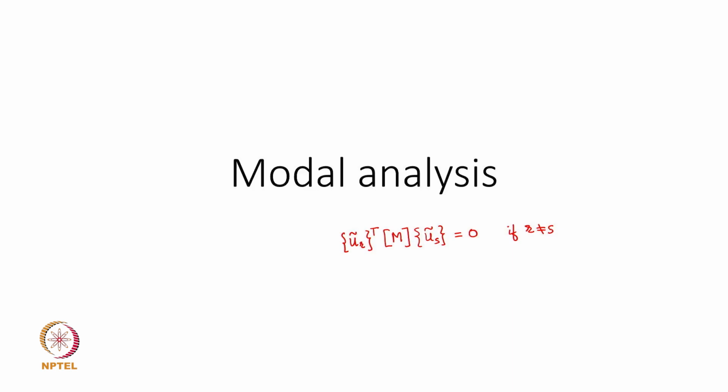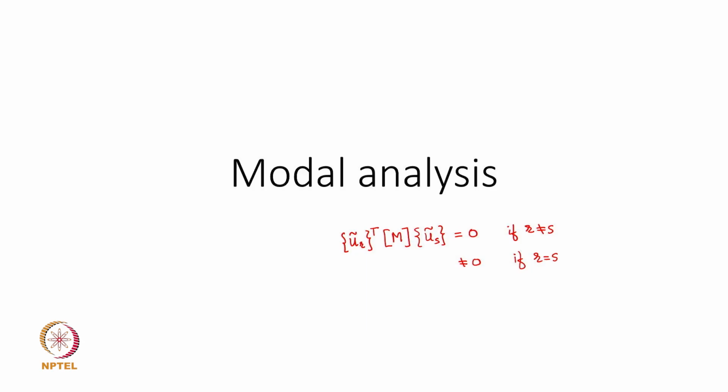That means we are talking of two different modes, and it is not equal to 0, it is some non-zero value, if r is equal to s. Okay. So, this orthogonality of mode shape is mathematically very well defined, and we know that, but we have probably not discussed what they physically mean actually.